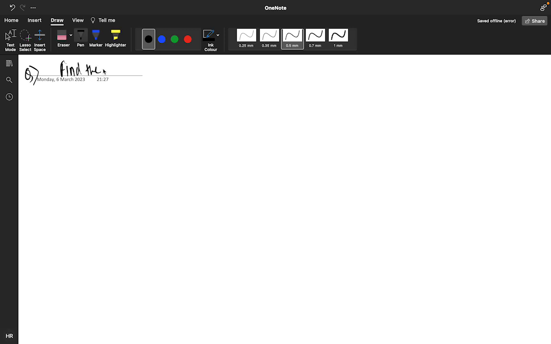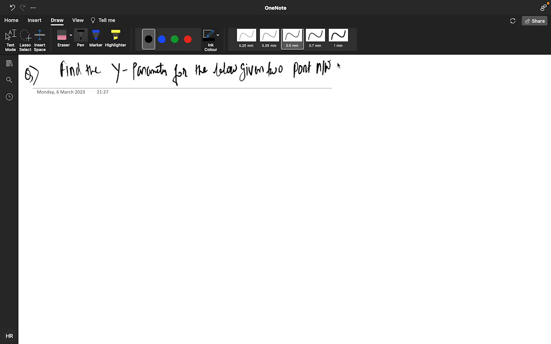Find the Y parameter for the below given two port network. Okay, so suppose this is a network and this is a two port network.